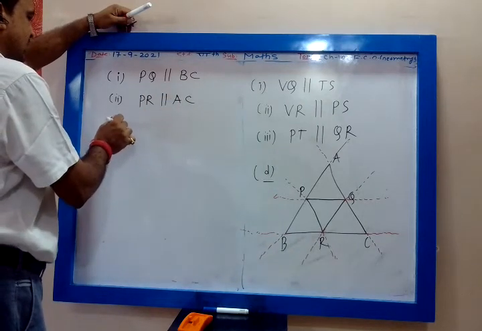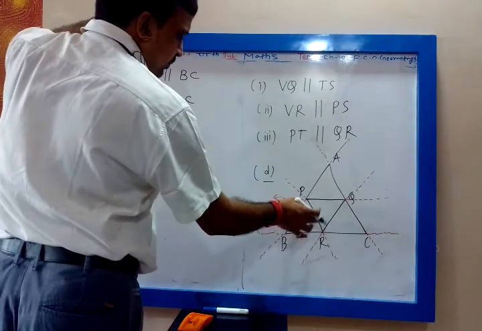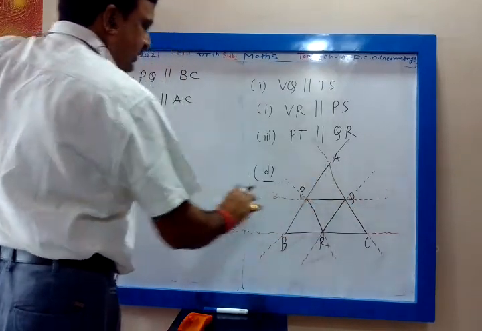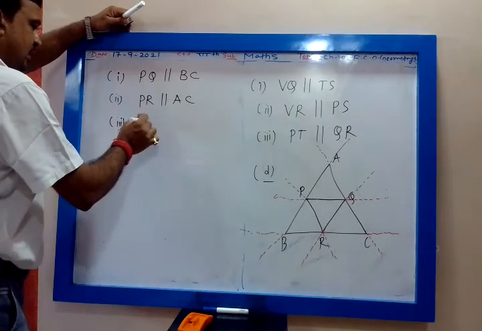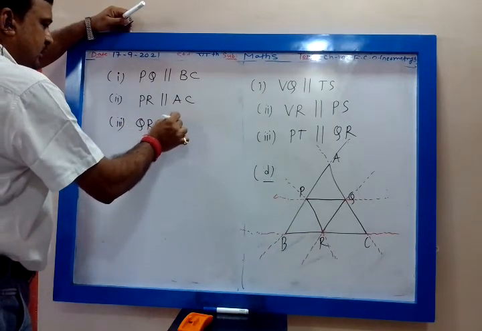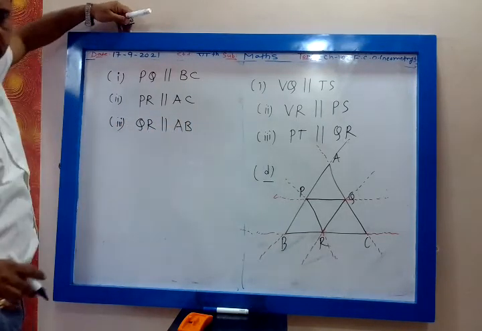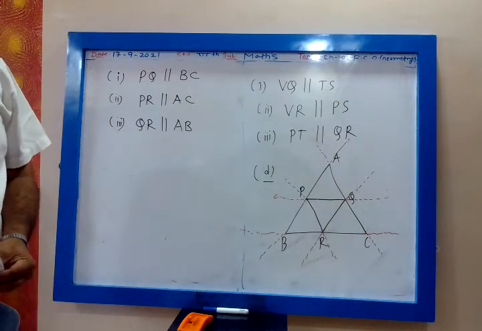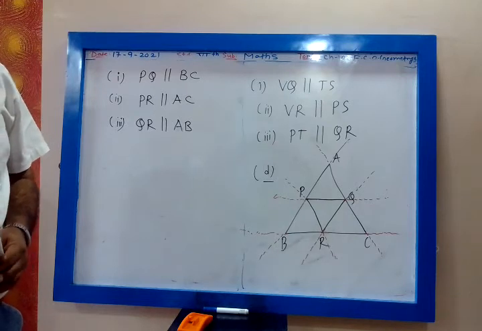Now consider the third side. Now QR is parallel to AB. Is there any other line?